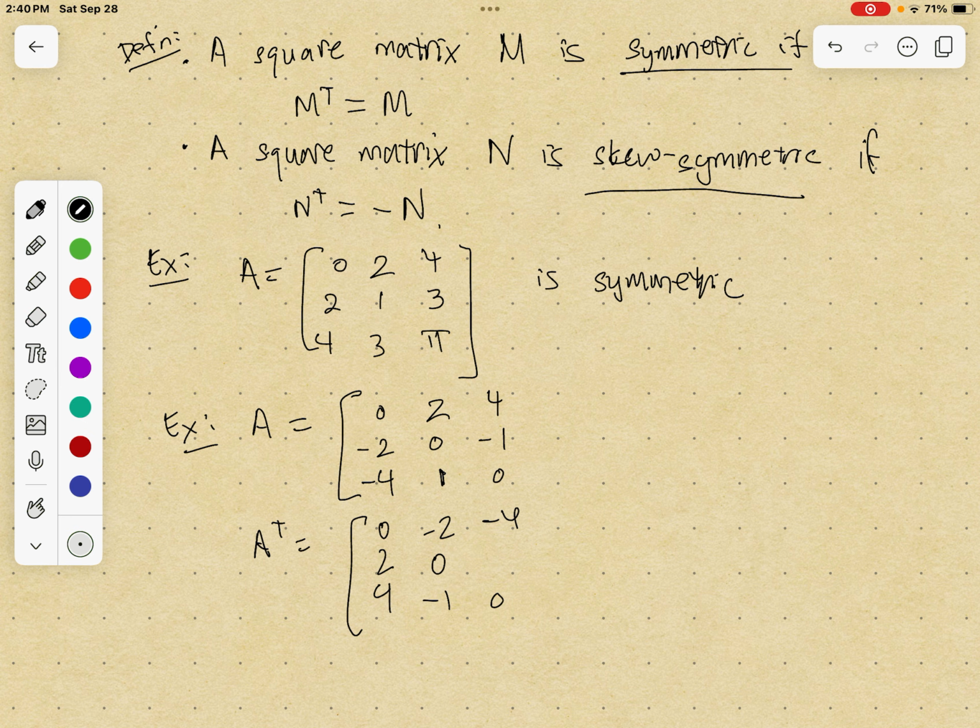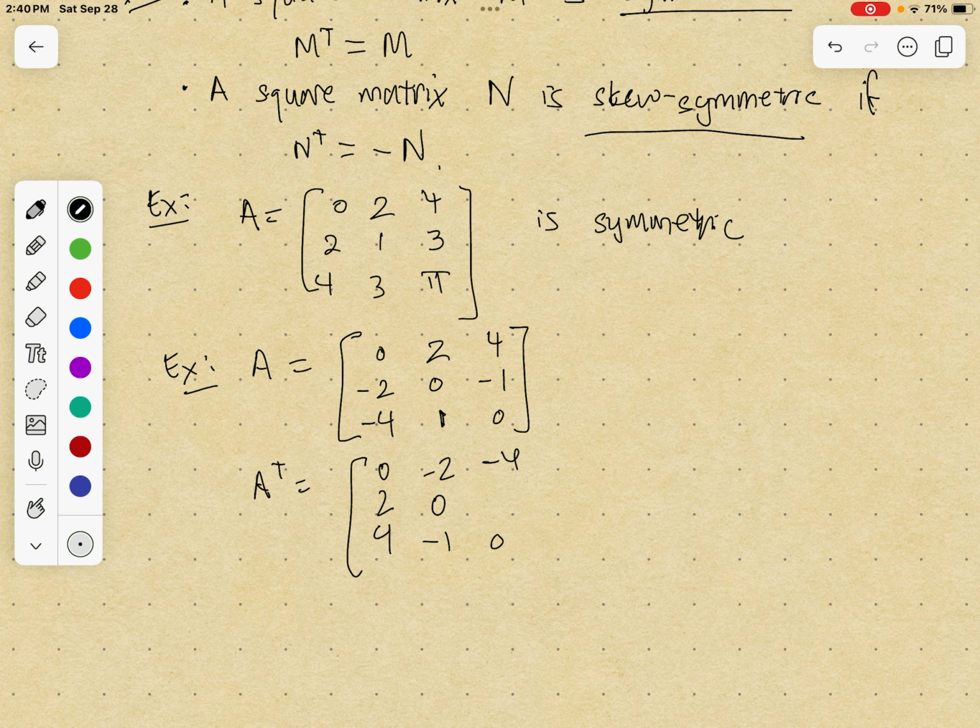Okay, so now we just successfully wrote down an example of a skew-symmetric matrix. So A is skew-symmetric, because A transpose, which is this, is equal to negative A. That's what skew-symmetric means.